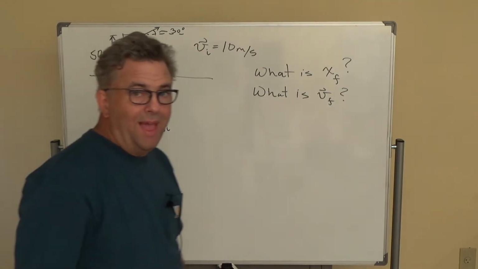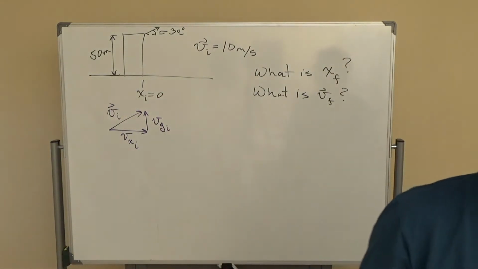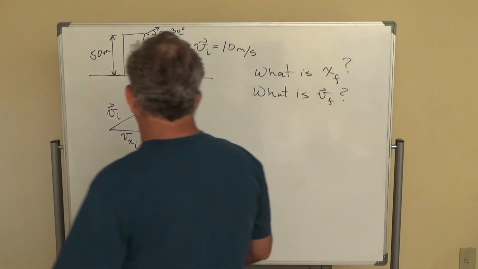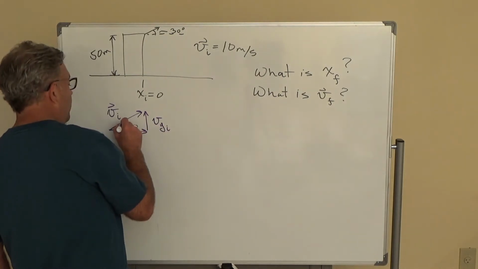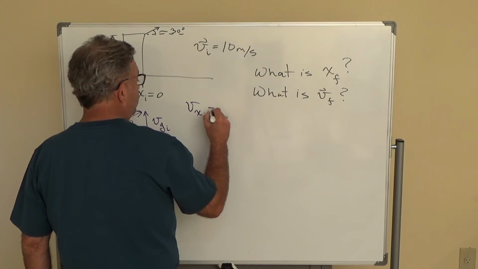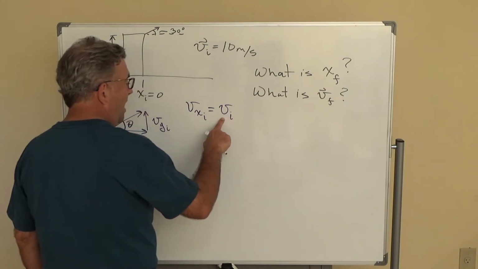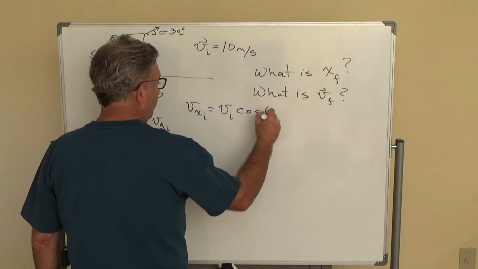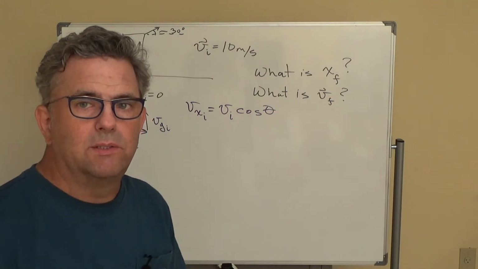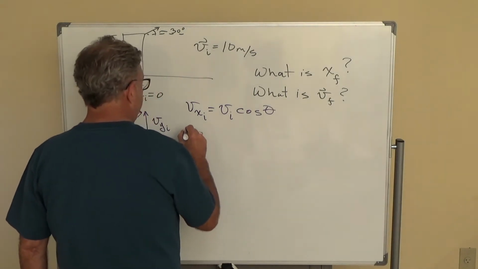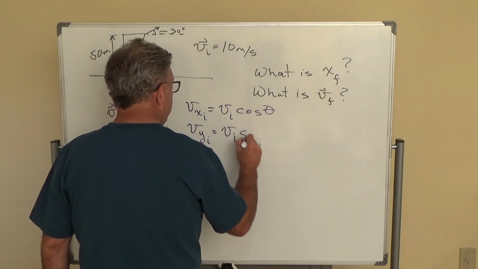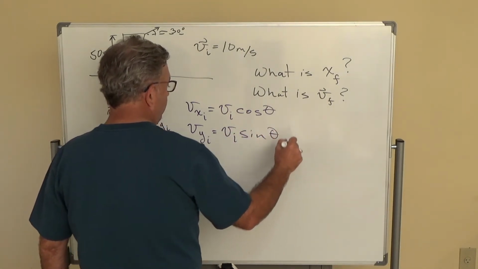Those will be the components of the initial velocity. This is theta. Vx initial is equal to V initial magnitude cosine theta, just like always. Vy initial is equal to V initial sine theta.